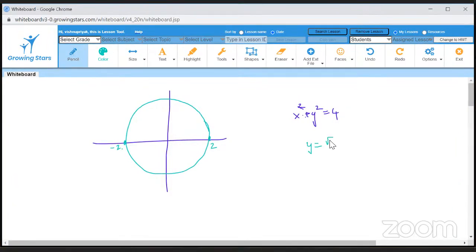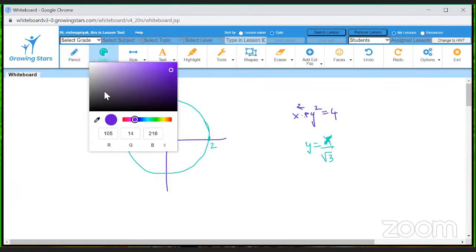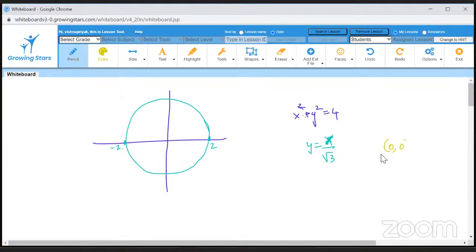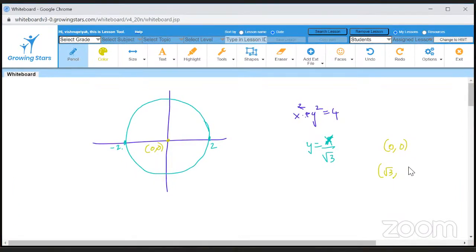How will you draw it? You have to take some points. Put x as 0, y will be 0, so the point 0, 0. Then put x equal to root 3; y is 1.